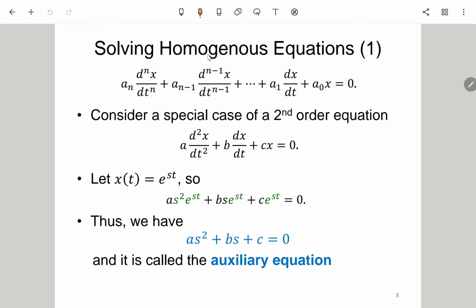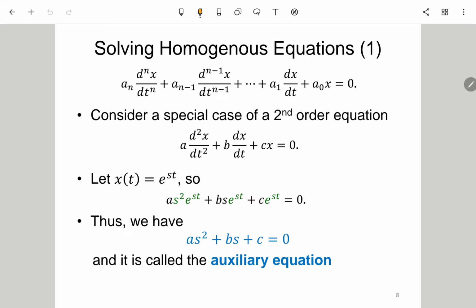If it is an nth order homogeneous equation, we will turn it into an nth order algebraic equation. You know how to solve a second order algebraic equation, and you probably know how to solve third order and fourth order. In general, for equations of fifth order or higher, there may not be a closed form solution.